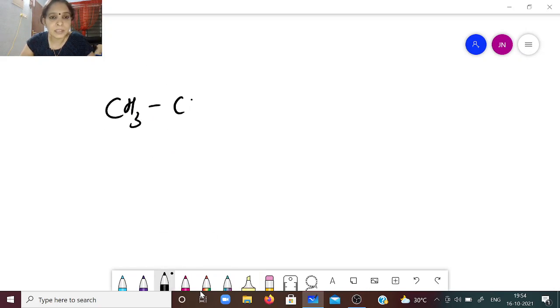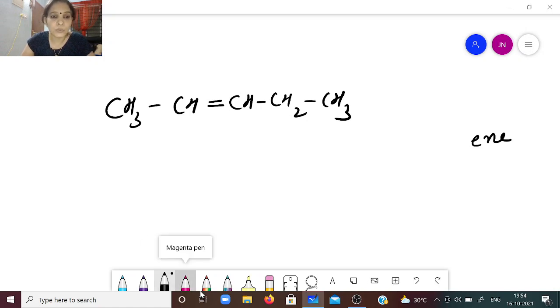CH3, CH, double bond, CH, CH2, CH3. This double bond also is a functional group where we will use the suffix ene. Suffix means after the name. I can count it in such a way that the double bond gets the minimum number, so I have to count from left to right.